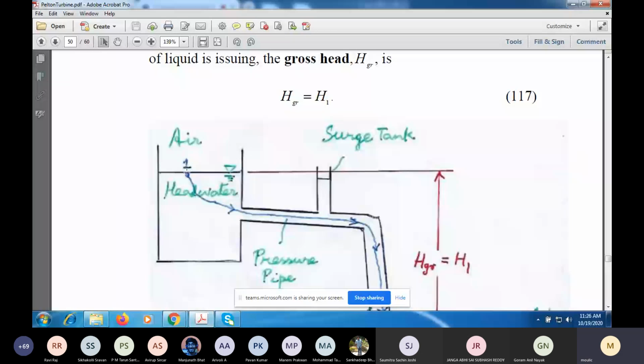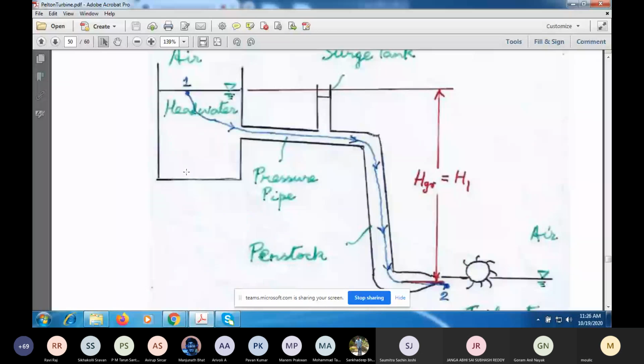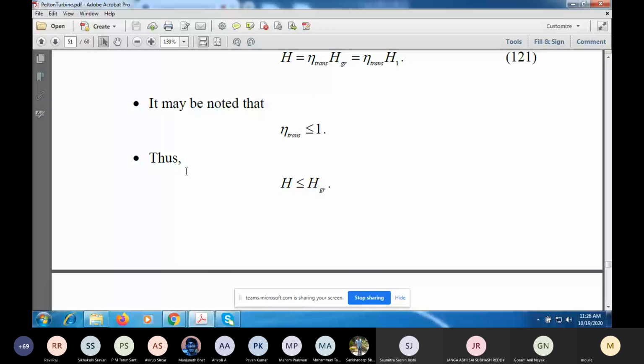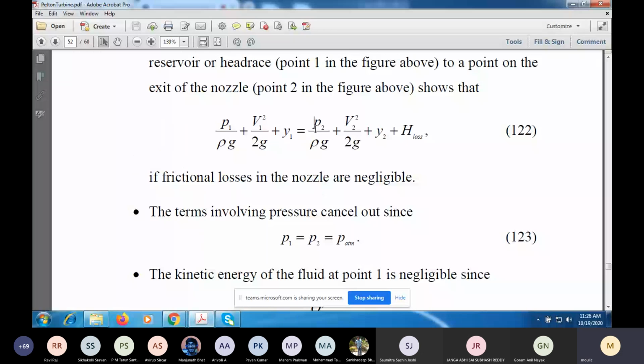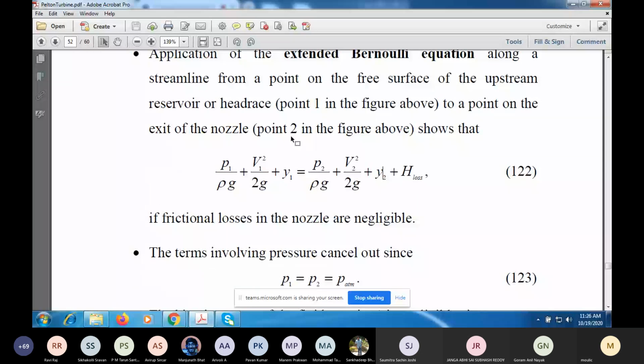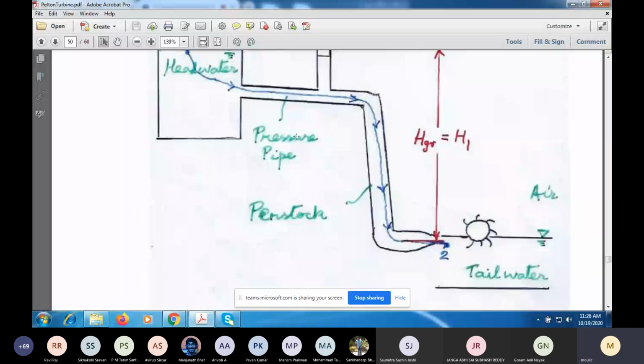So if you go back and look at this same equation, the first terms are cancelled out on each side. The second term on the left hand side can be neglected. And Y1 is Y2 plus the gross height, H1. Okay. So if you go back to this figure, Y1 minus Y2 is H1 or the gross head.